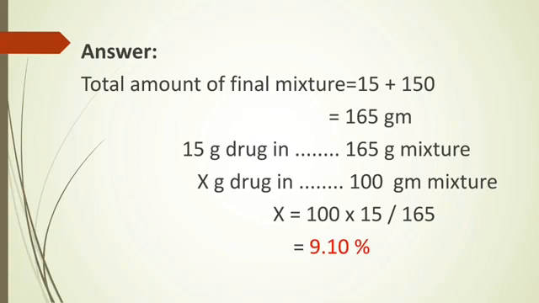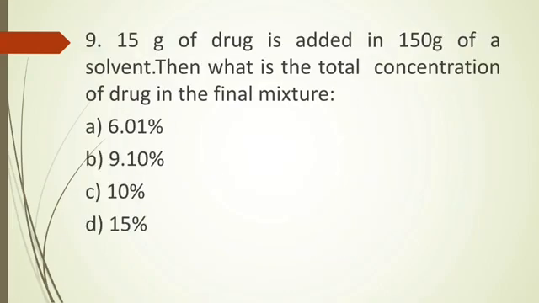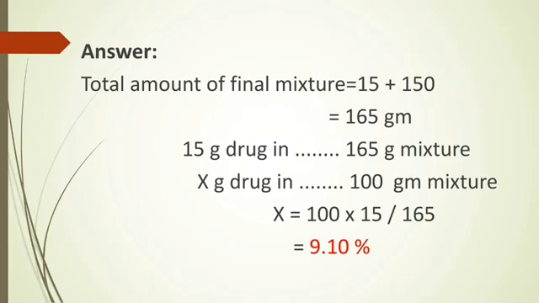So 15 gram drug will be present in total 165 gram. So X gram drug will be present in 100 gram mixture, because we have to find the answer in percentage. So the percentage of the drug will be 15 divided by 165, and in order to convert into percentage, into 100.